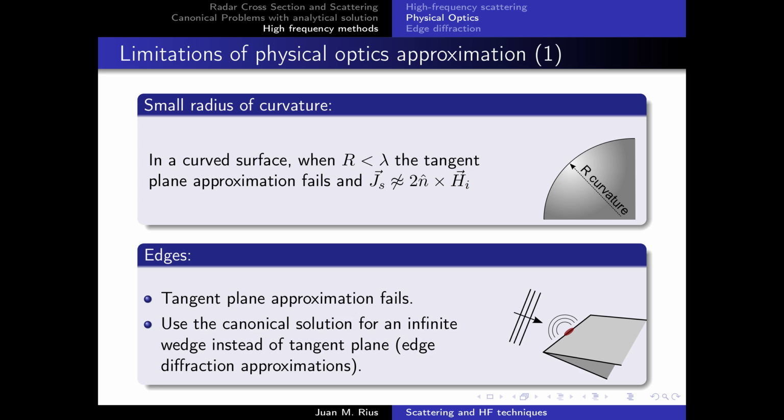The tangent plane approximation is not valid at edges because the geometry of the edge is completely different to that of a tangent plane. So here again we have a case where the physical optics approximation will fail. At the end of the chapter, I will tell you how to compute the contribution from edges.